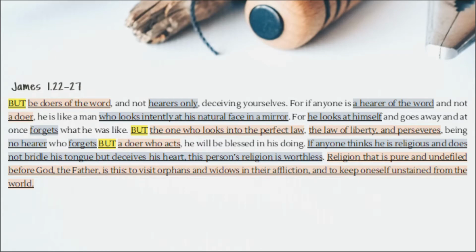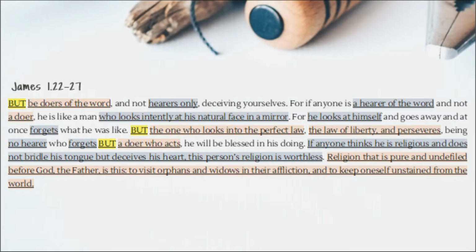So a hearer of the word in blue: if anyone is a hearer of the word and not a doer, that's your contrast, is like a man who looks intently at his natural face in a mirror, for he looks at himself, then goes away at once and forgets what he looks like. Kind of all that's one thing.